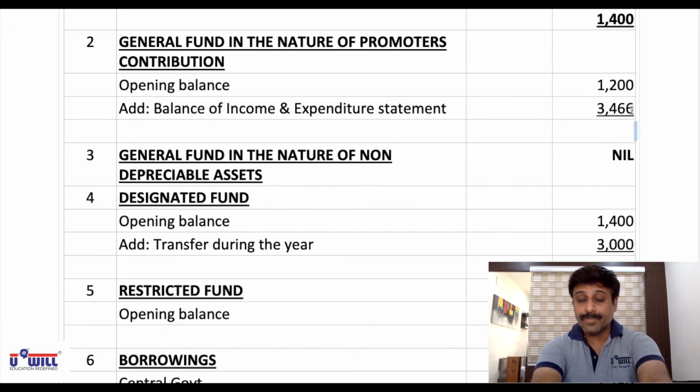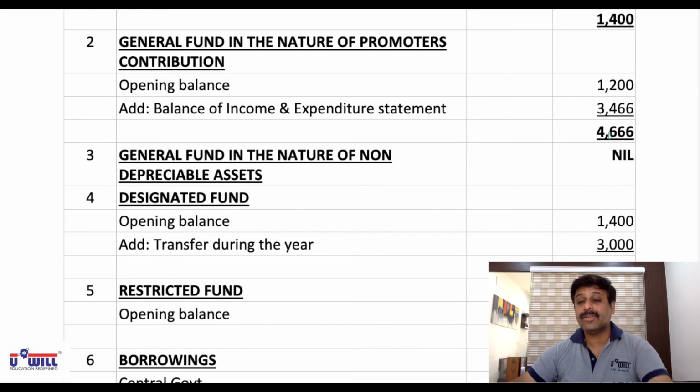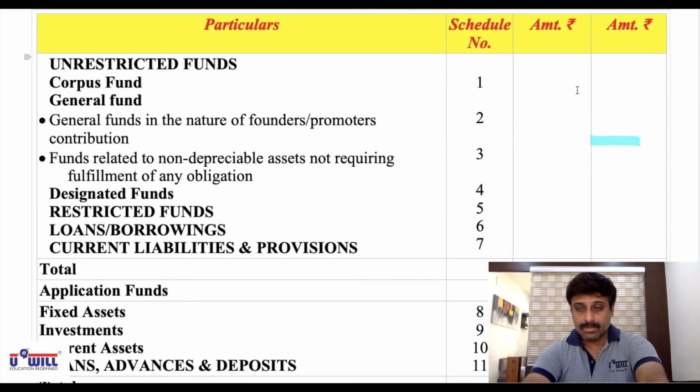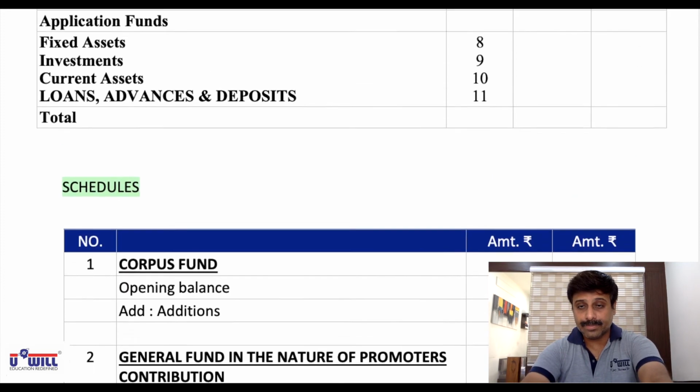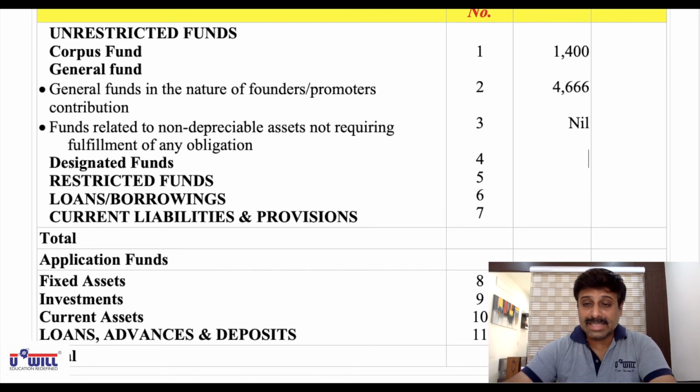So total will come to 4666. Now we put the things in the balance sheet. Corpus fund 1400. Then general fund, schedule 2, in the nature of promoters contribution is 4666. We don't have anything related to non-depreciable assets.